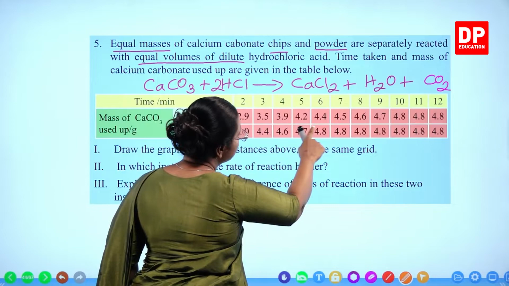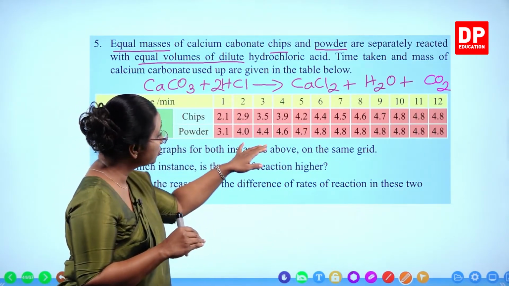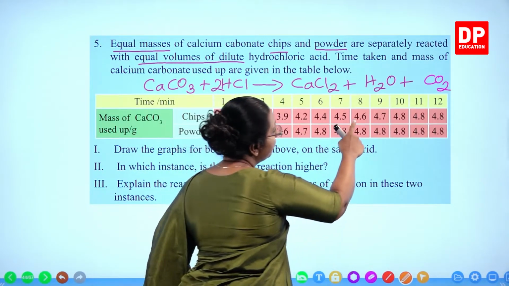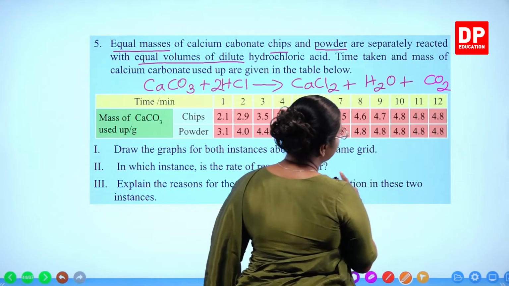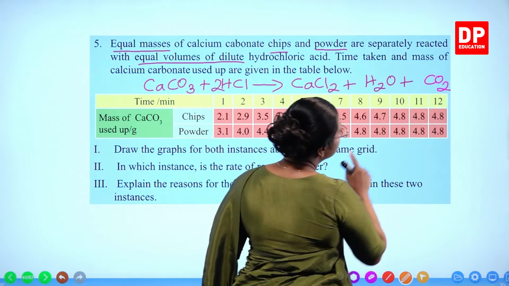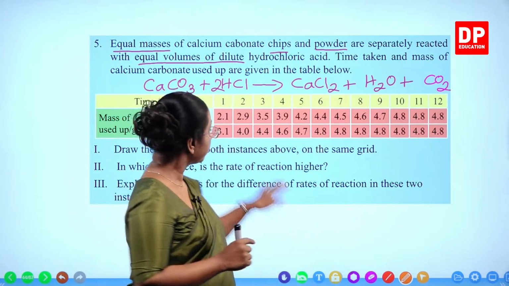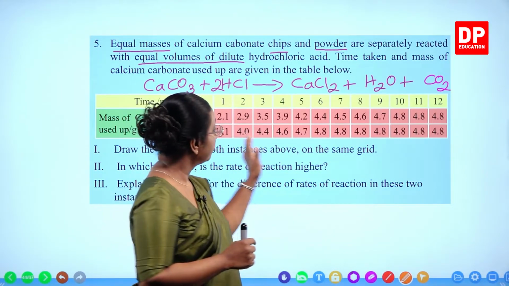So, you can see gradually the amount of calcium carbonate chips that are being used up is increasing. Then 4.5 grams, 4.6 grams, 4.7 grams, 4.8 grams, then 11 minutes also 4.8, 12 minutes also 4.8. So, when you are given data like this, students, you look at the values.